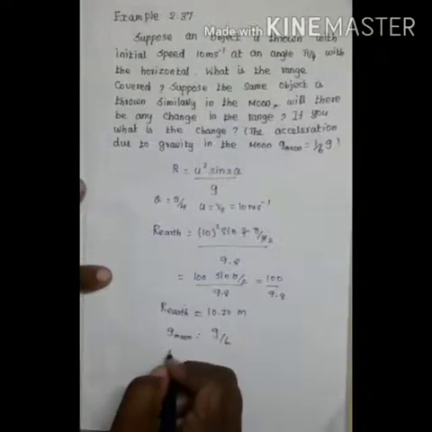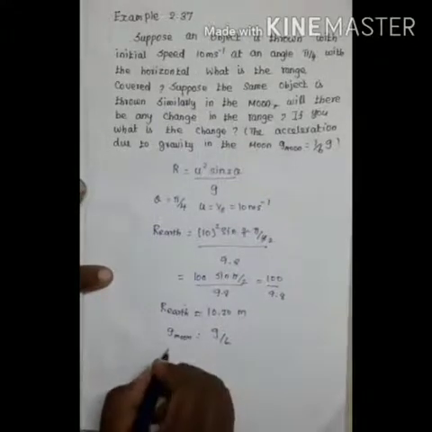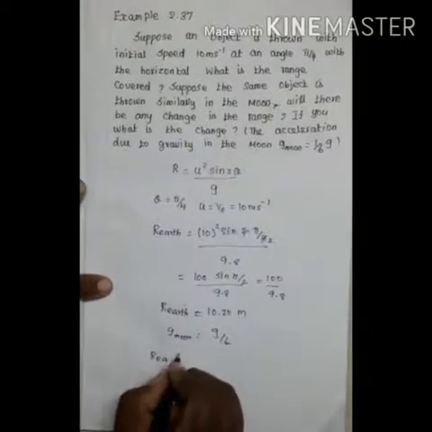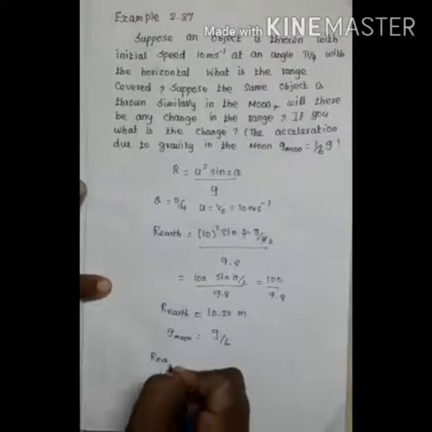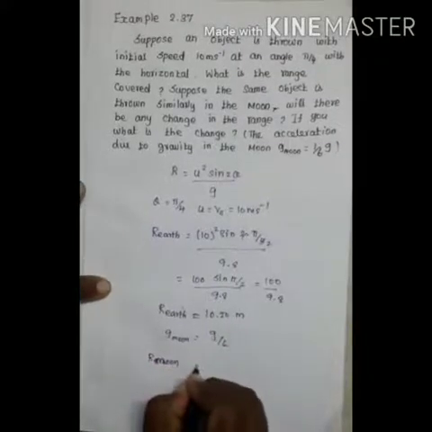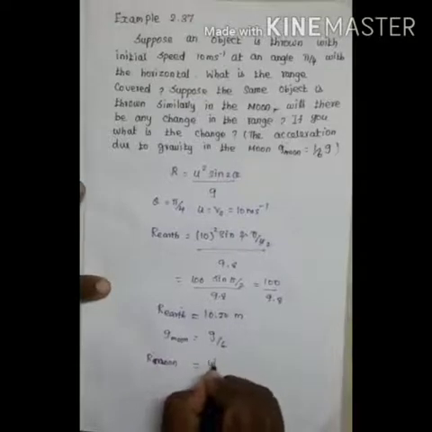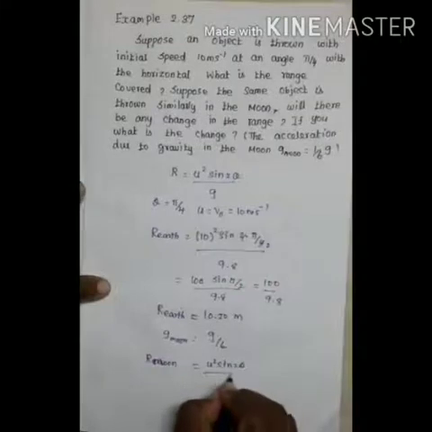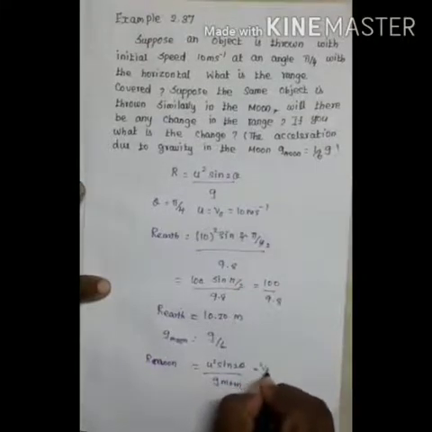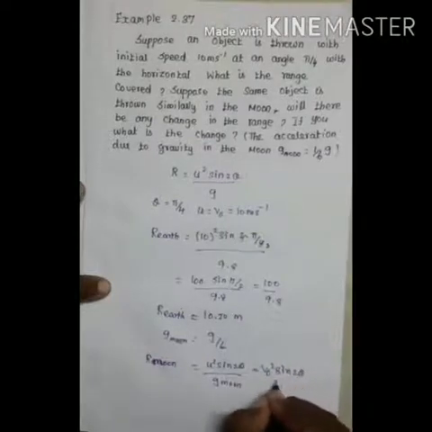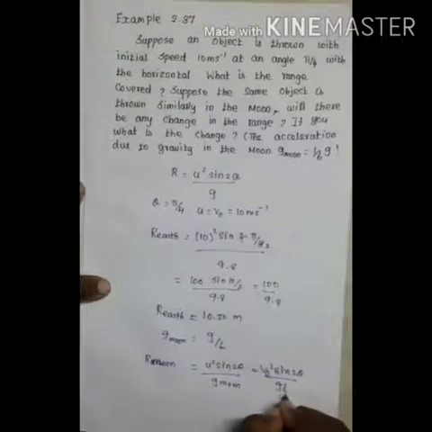R moon, the range on the moon, is equal to u square sine 2 theta by g moon, which is v0 square sine 2 theta by g by 6.